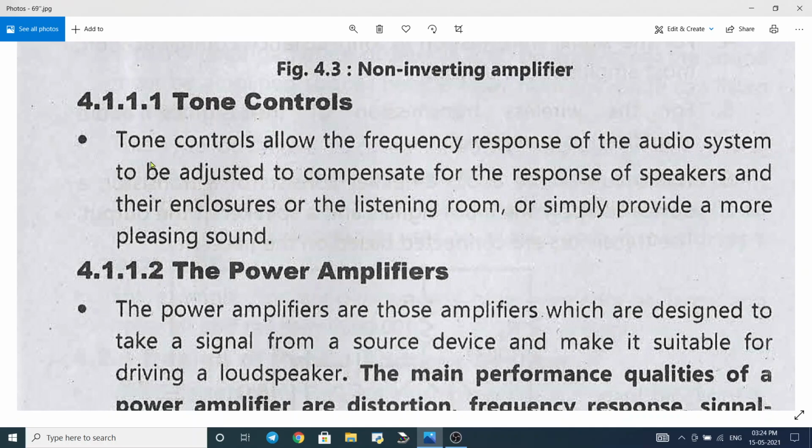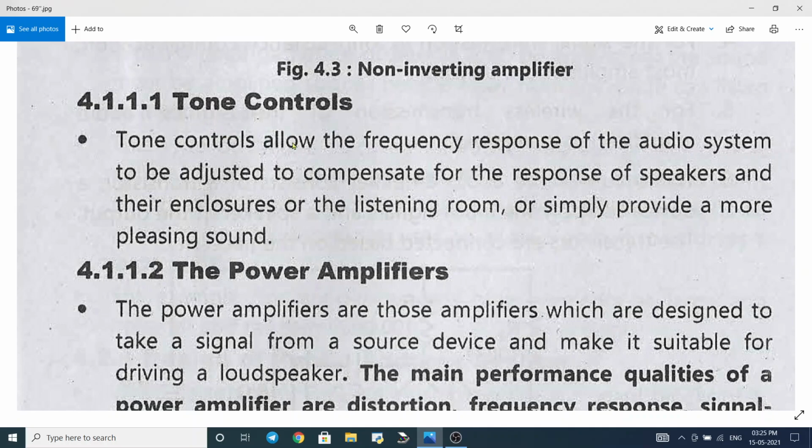As we have discussed, the tone control is a circuit. An electronic system may use a number of circuits for a particular application.